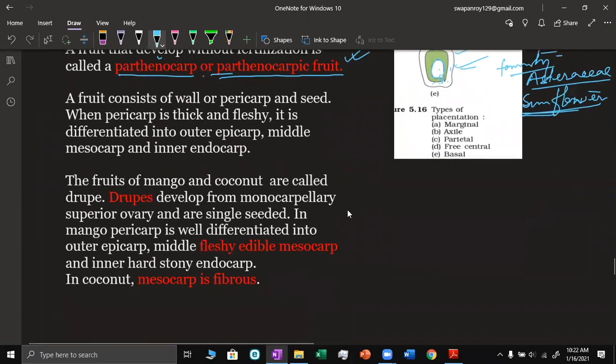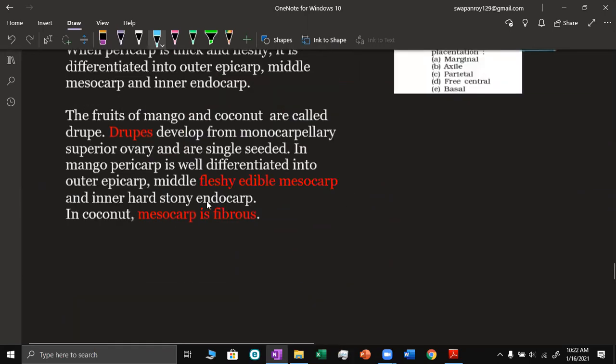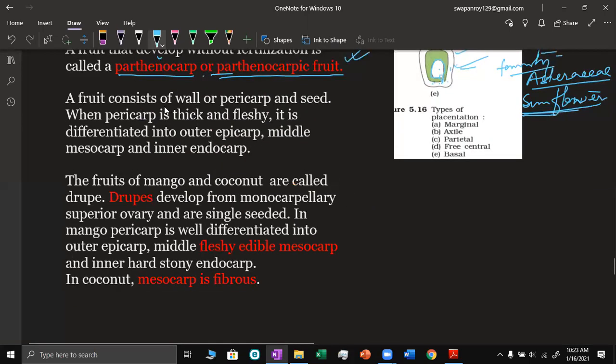In a fruit, there is the fruit wall. Okay, the fruit consists of the fruit wall or pericarp. This is nothing but the ovary wall, and the seeds within the fruit. There is seed in angiosperm.